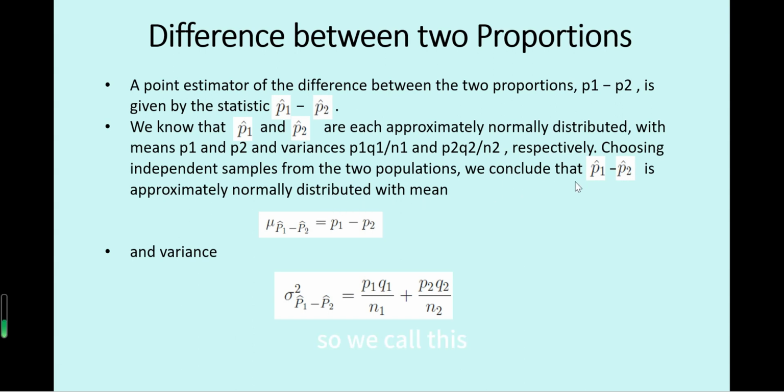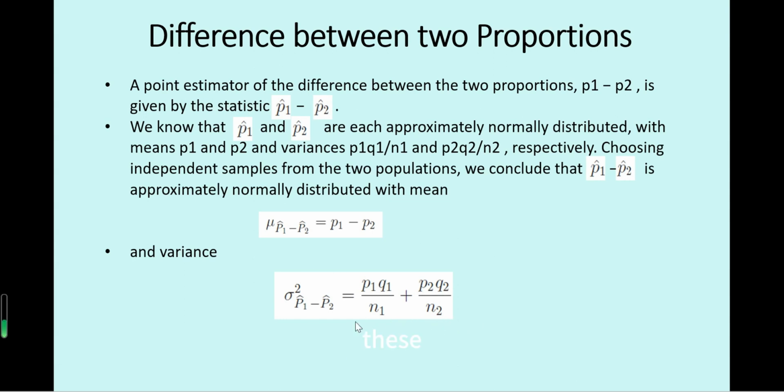So we call P1 hat minus P2 hat the sampling distribution, with mean equal to the population difference of these two populations, and variance equal to P1Q1 divided by N1 plus P2Q2 divided by N2.